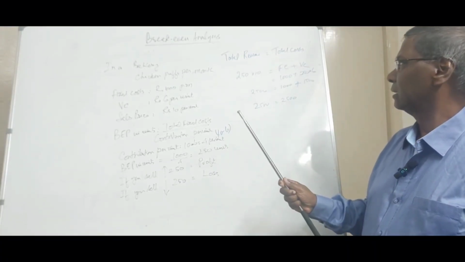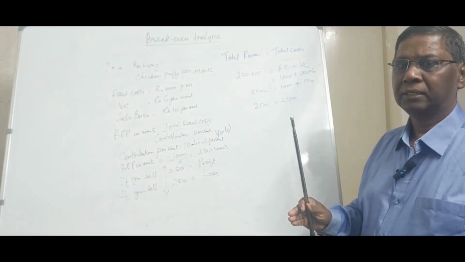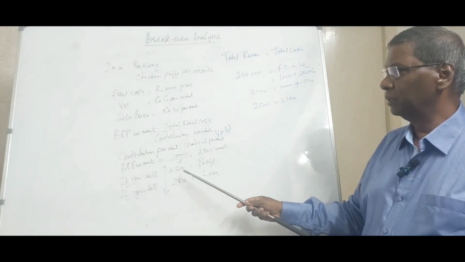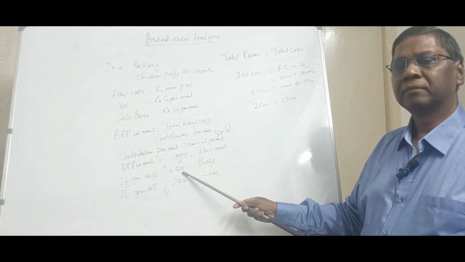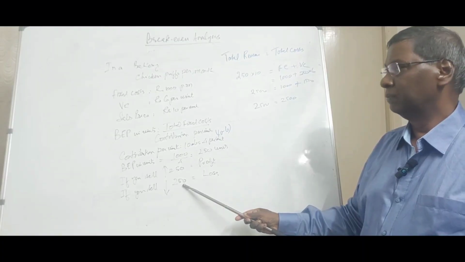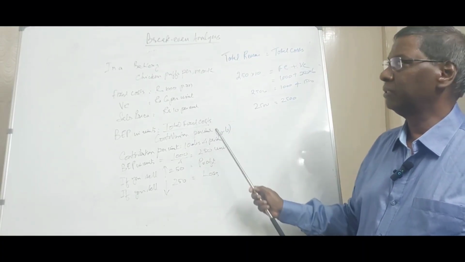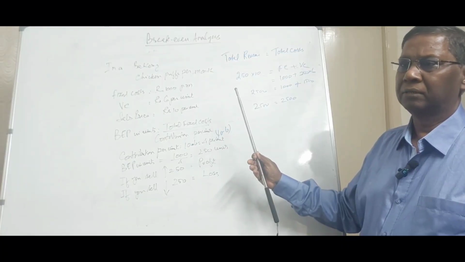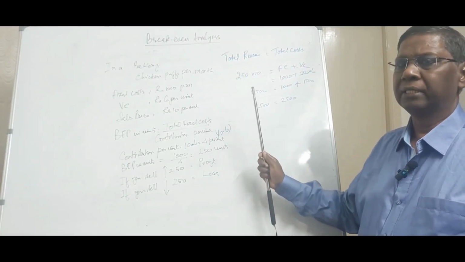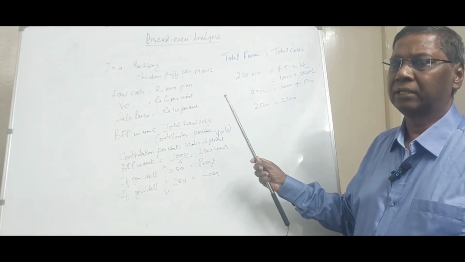The break-even sales is where there is no profit, no loss. Now we'll have to test it out. I already told you, if you sell below 250, you will incur a loss. If you sell above 250, you will make a profit. Let us test it with some hypothetical examples, the same bakery, and see whether our answer is correct or not.